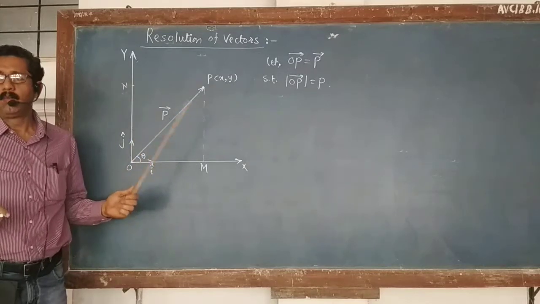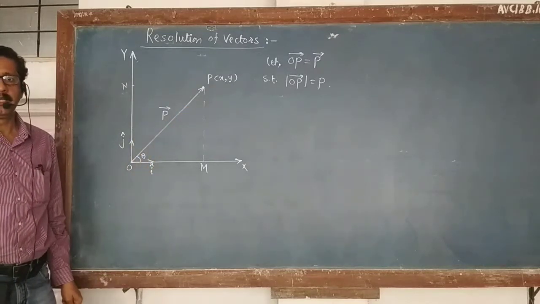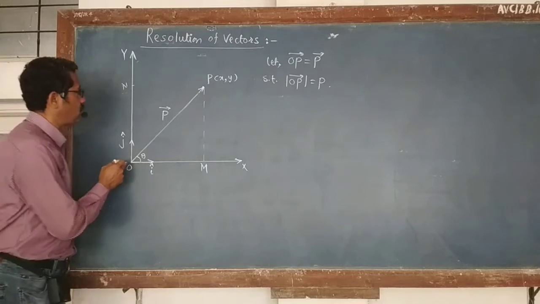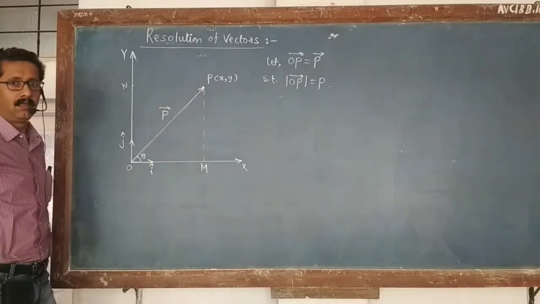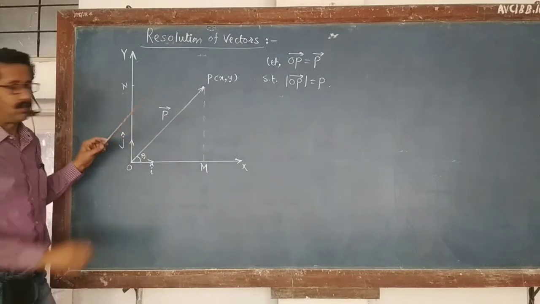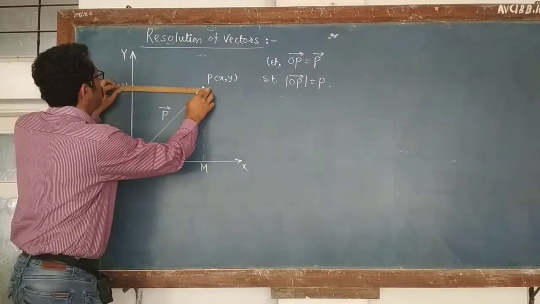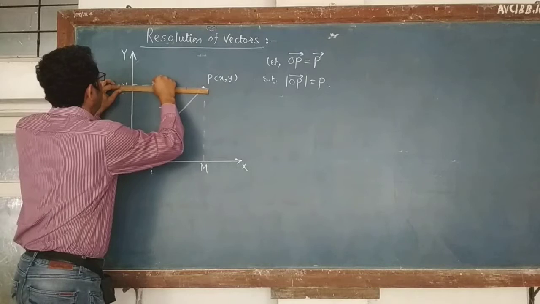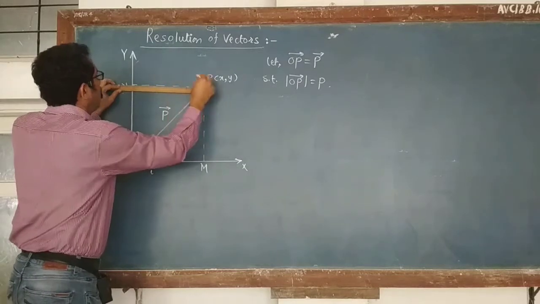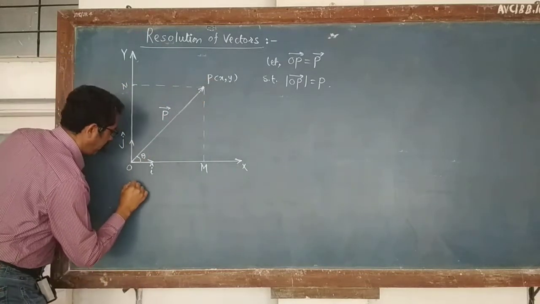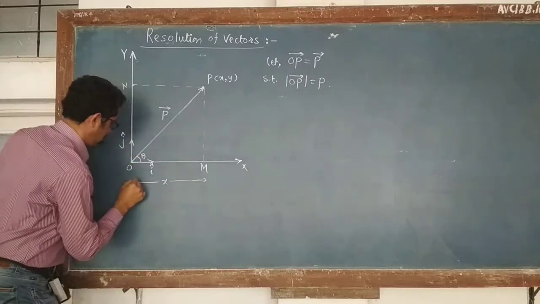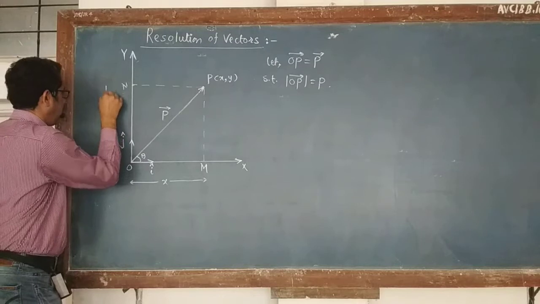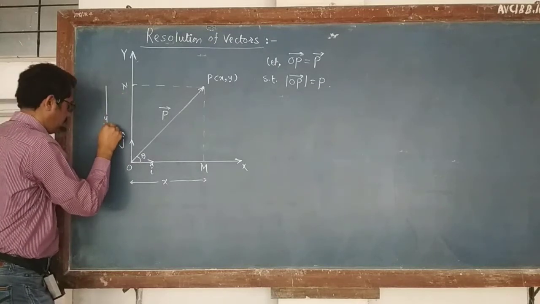magnitude. What does the triangle law of vector addition say? Triangle law says that this vector OP is equal to vector OM plus vector MP. Is it not? So if I drop a perpendicular from here, as I was saying earlier, this part OM is equal to x in magnitude and this part ON is equal to y in magnitude.